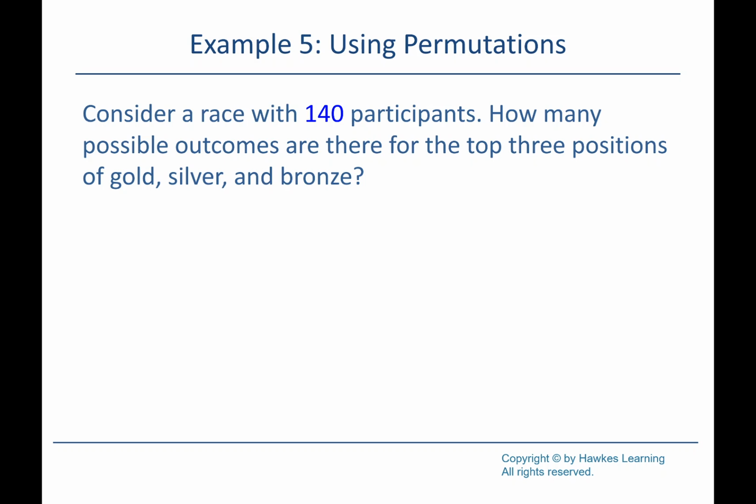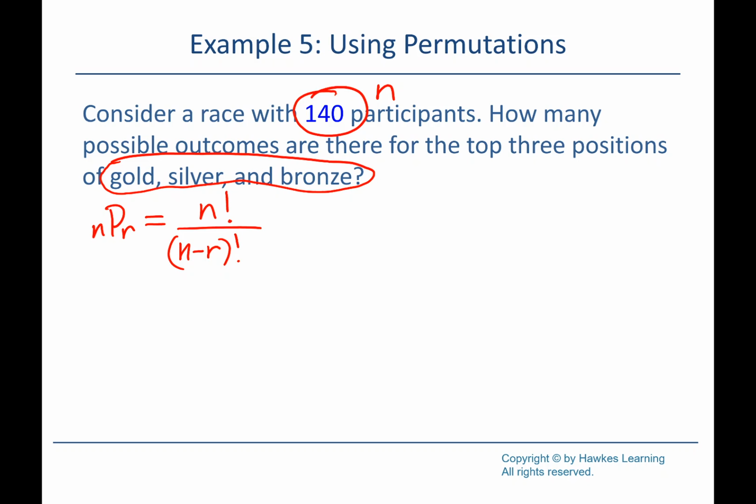So we're going to use permutations. Our permutations formula is n factorial over n minus r factorial. So we're picking from 140 people, and we've got 3 that we're choosing.